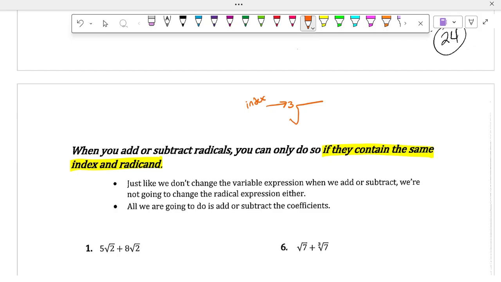What's your radicand? The value that's underneath the radical. So let's say I had a 27 here. That's my radicand. All right, so you have to have the same number in the index, and the same value under the radicand, in order to combine.